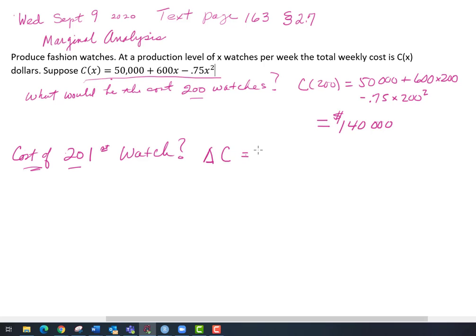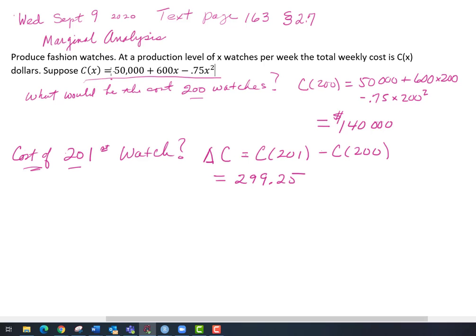From previous material, this would be C of 201 minus C of 200, and I did the arithmetic with my calculator, it would be 299.25. That would be the exact cost of adding the 201st watch.